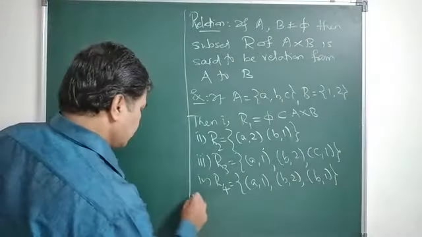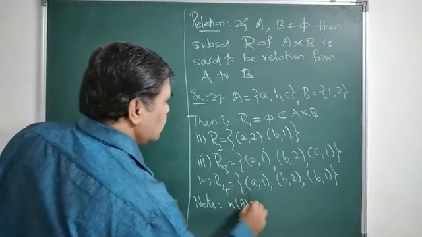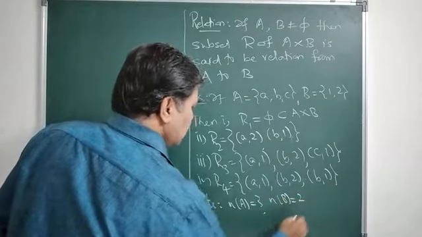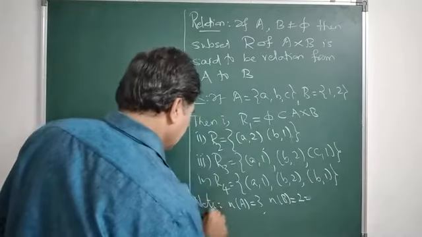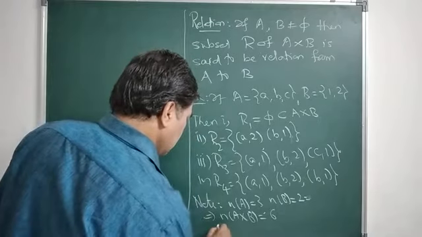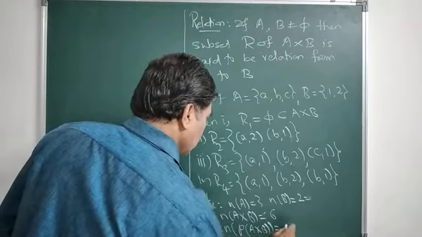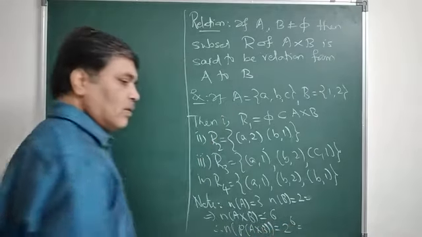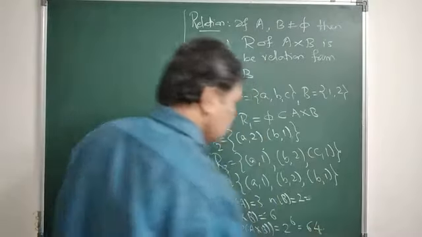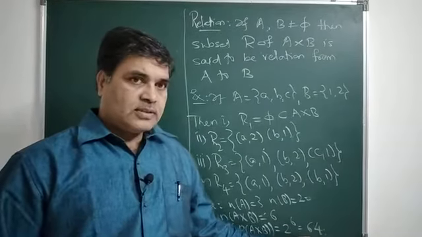Note, the number of elements in A is equal to 3 and the number of elements in B is equal to 2. This implies the number of elements in A cross B is equal to 6. And therefore, the number of elements in the power set of A cross B is equal to 2 raised to 6. What is 2 raised to 6? It is 64.